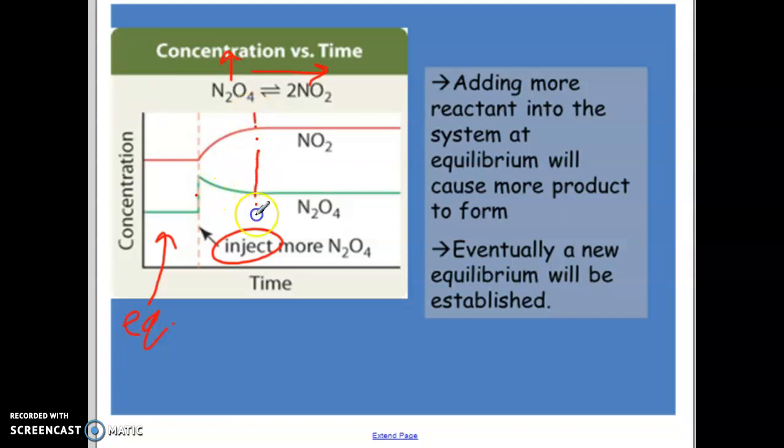However, after a certain amount of time, you'll notice that a new equilibrium is established. At this point in time where I have the star, the rates are no longer equal. The forward reaction rate is happening much quicker than the reverse reaction rate, right? So we are making product.